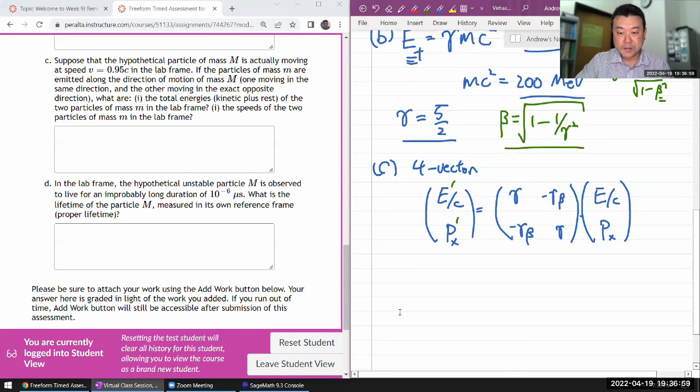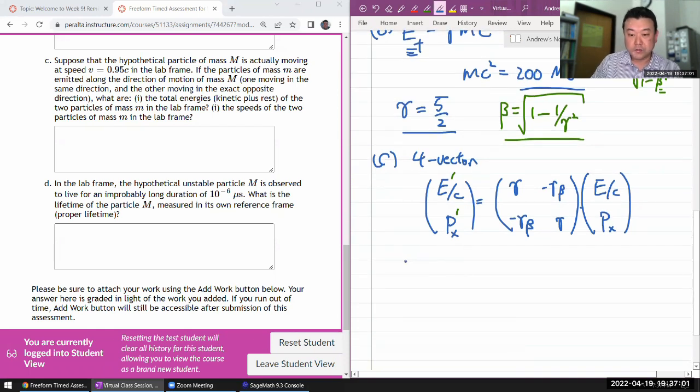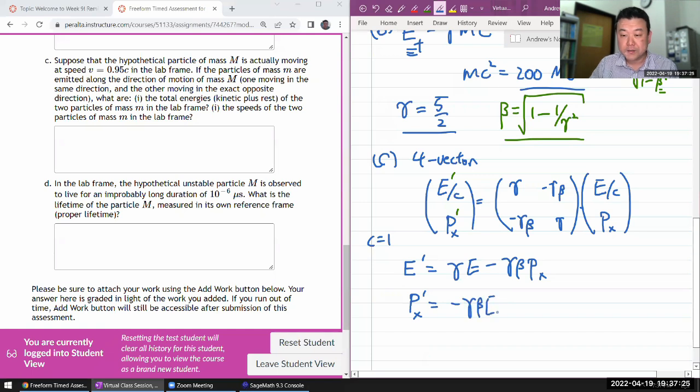So your Lorentz transformed energy is, I'm going to work in units of c equal to 1 because it's quicker, gamma times E minus gamma beta times the momentum component, and your Lorentz transformed momentum will be minus gamma beta E plus gamma times the original momentum.